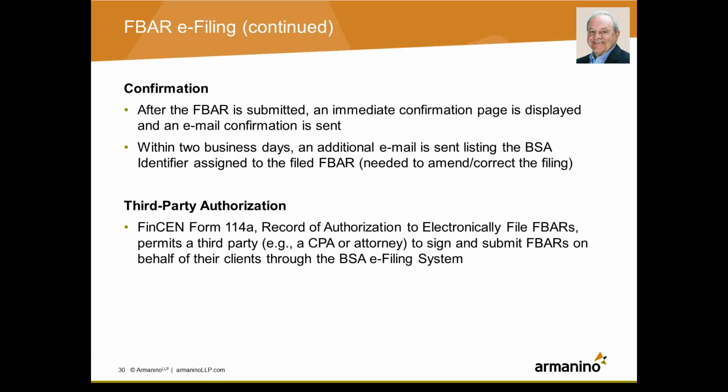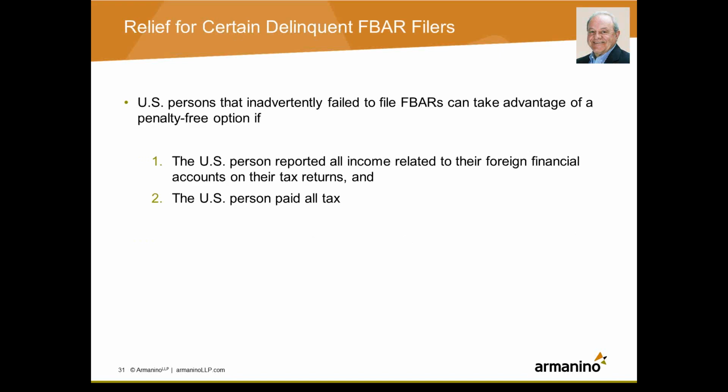Now, sometimes we involve ourselves in an oopsie. We miss, we forget. It's a little bit late. The rules here say, look, if the failure to file was inadvertent and it just happened, then so long as the individual or the organization reported all income from their foreign financial accounts on tax returns and tax was paid as applicable on those amounts, we're not going to penalize you.